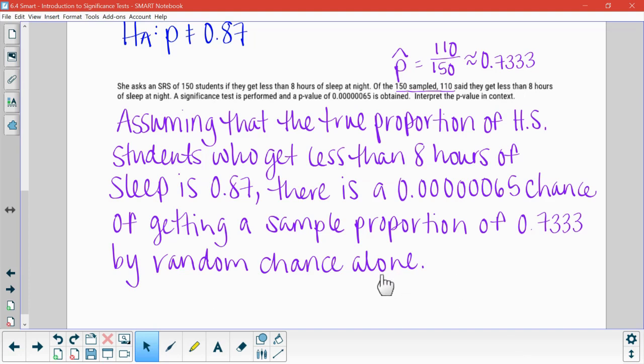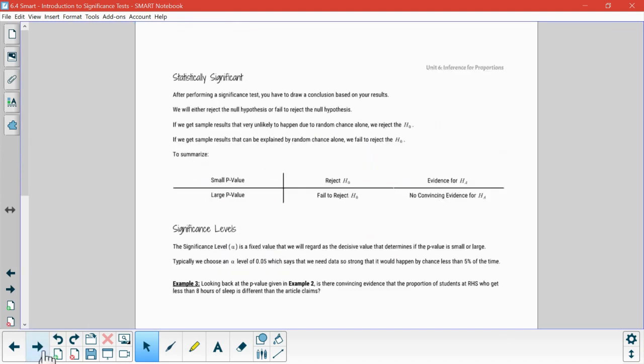So if I'm living in the world where their claim is true, the chance of me getting my sample, the 110 out of 150, is 0.00000065, which really discourages me from believing their claim.